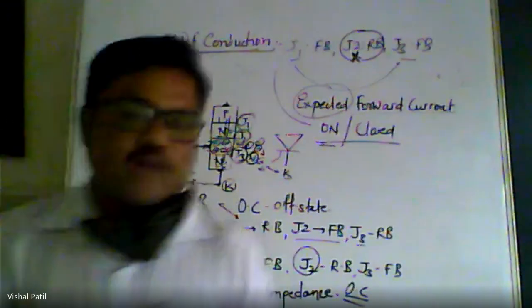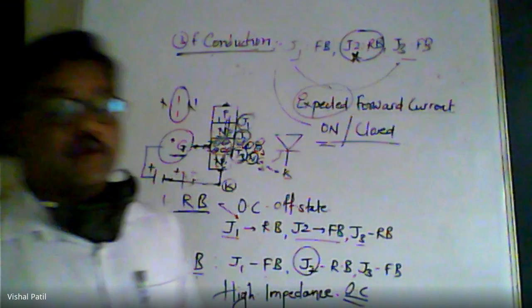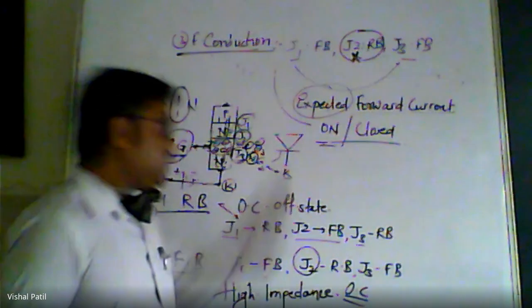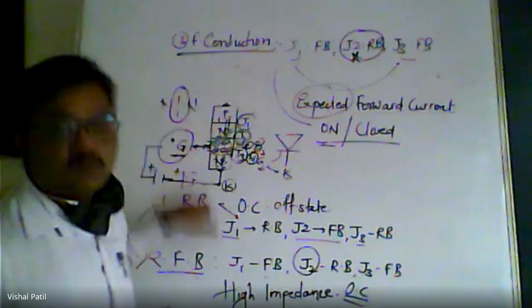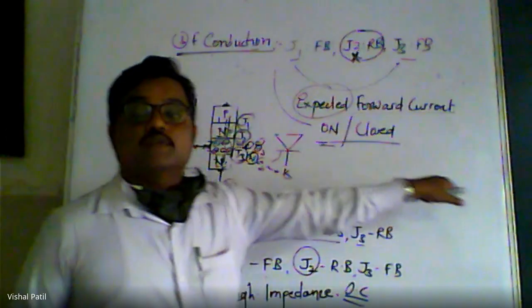Okay, so why are these three modes important? At the time of the characteristic of a power diode, characteristic of thyristor, we take help of these modes. Actually these modes will result in the characteristics of thyristor.